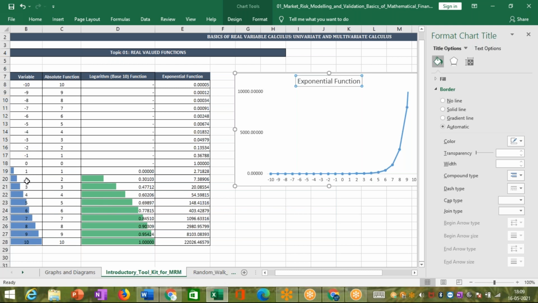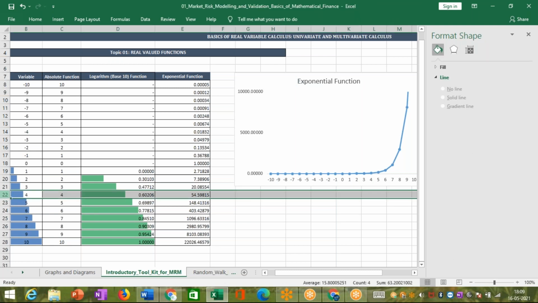So between 2 to 3, the function more or less remains like that. But from 4 onwards, this function has started increasing in an explosive manner. So for an exponential function, within a limit, the function behaves more or less stably.